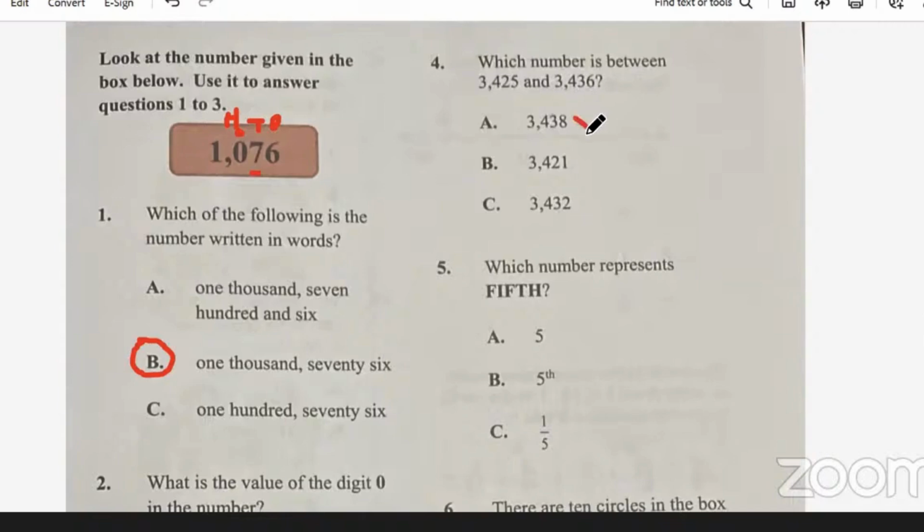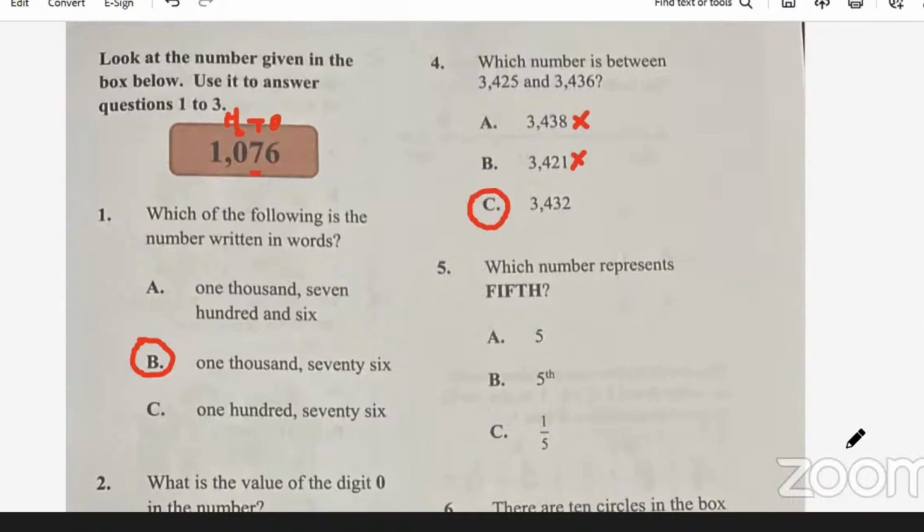So this would not be correct. This is more than the second number, and this is less than, so this number doesn't come between either. The correct answer would be C, 3,432. That's a number that comes between those two numbers identified above. So the answer for 4 is C.